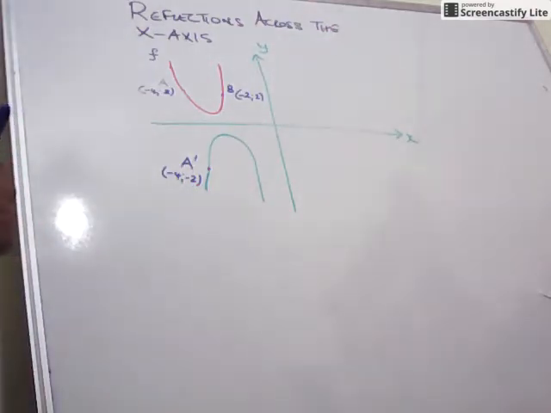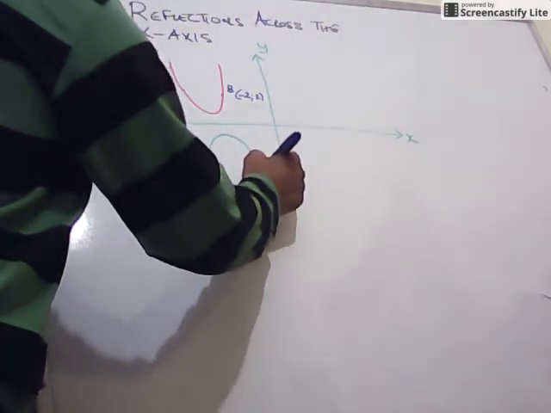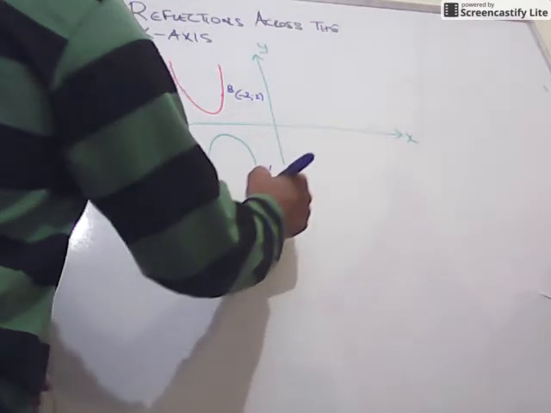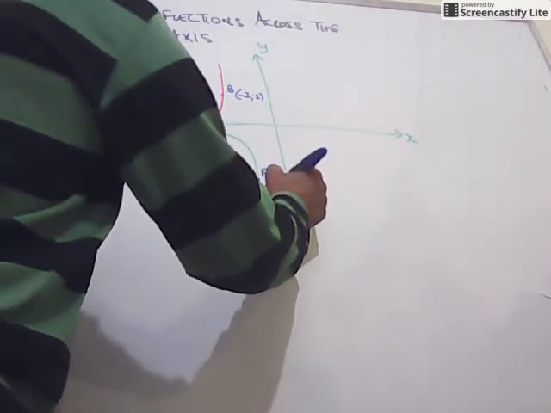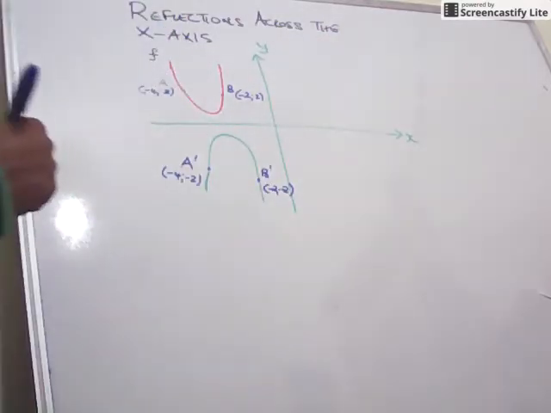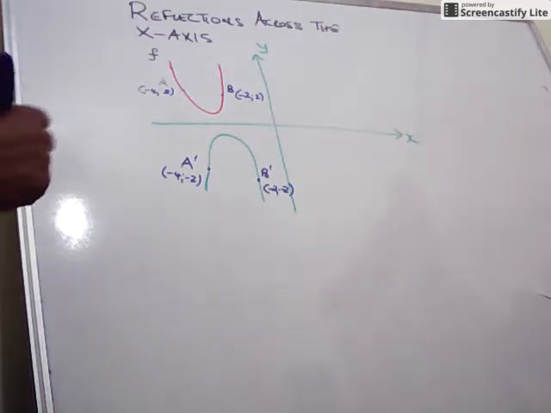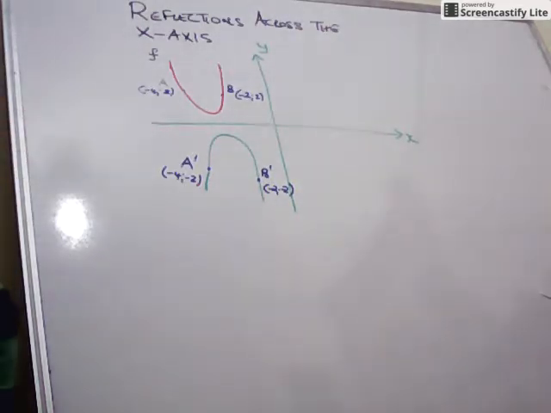I'm going to do exactly the same for B. So B prime would have the following coordinates: -2 and -2. I want you to take note of the following things which occur on a reflection.